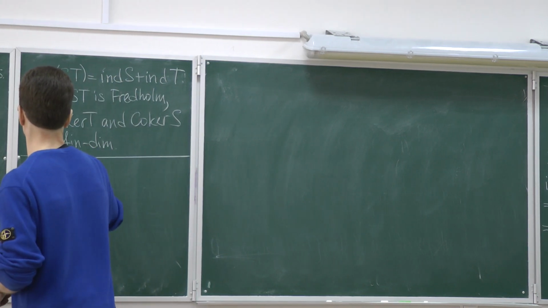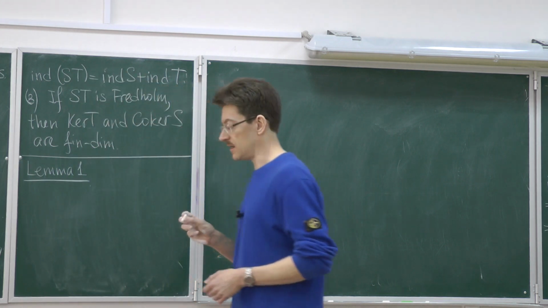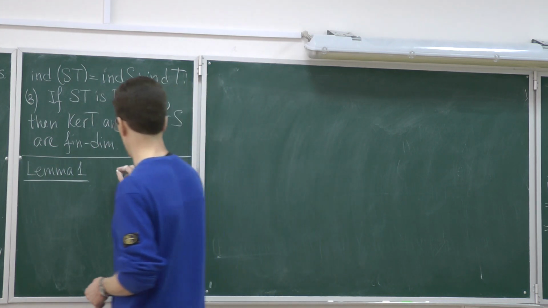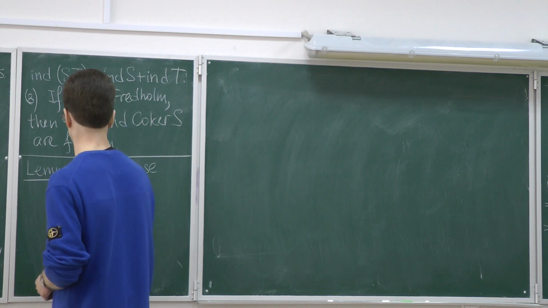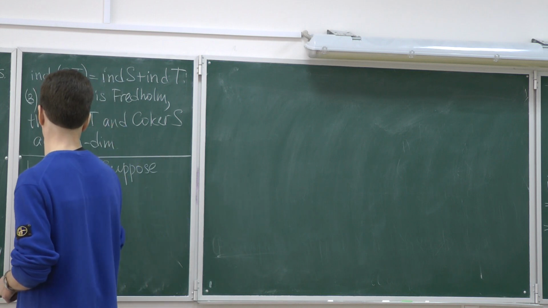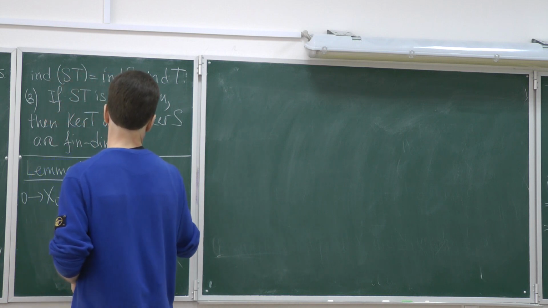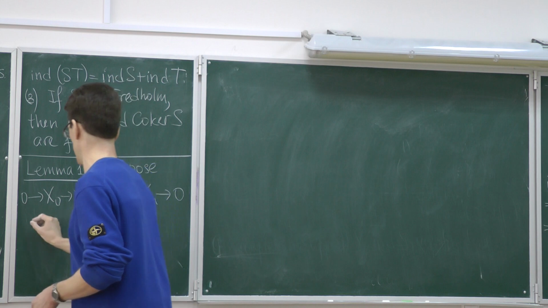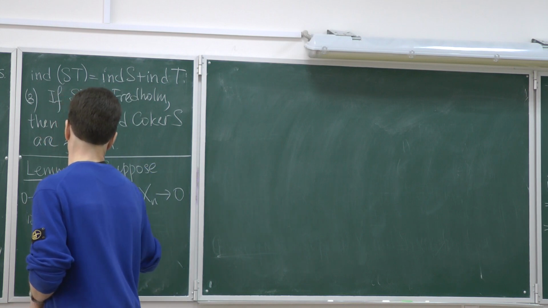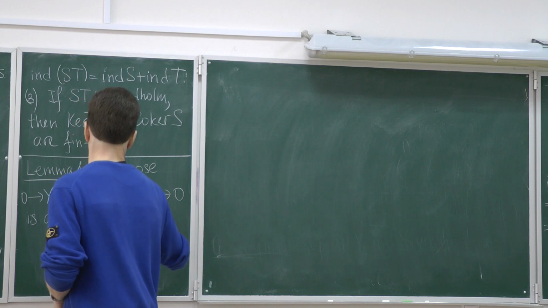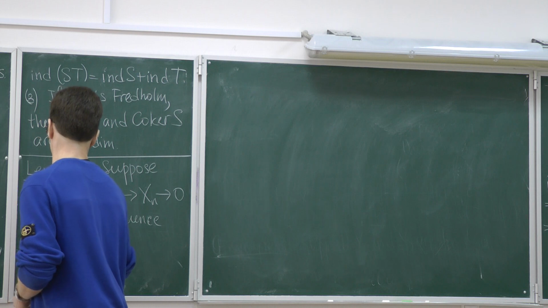Lemma 1. Suppose that we have an exact sequence of the following form. So this is an exact sequence of finite dimensional vector spaces.